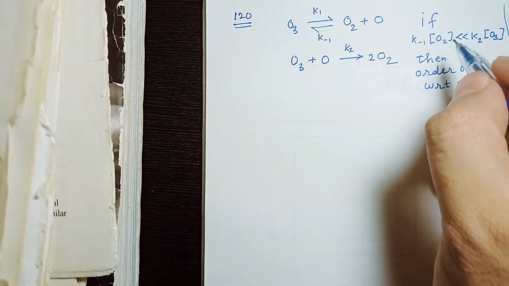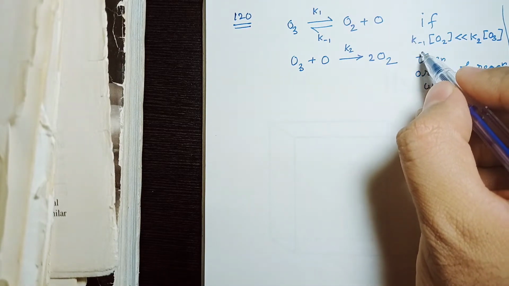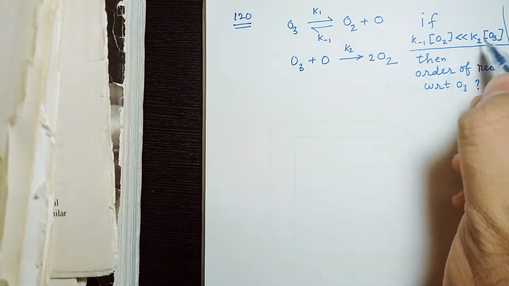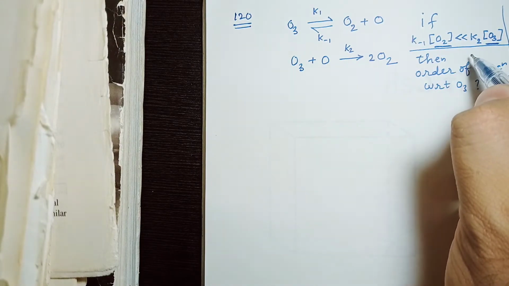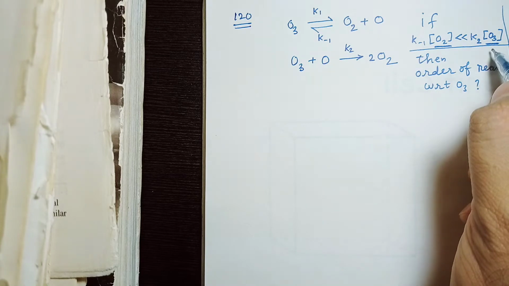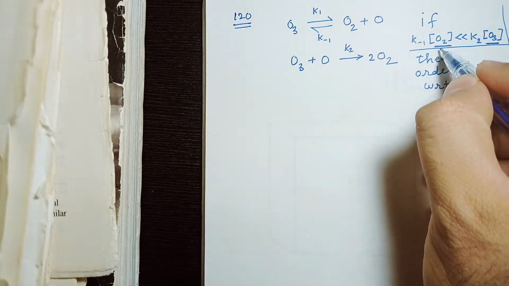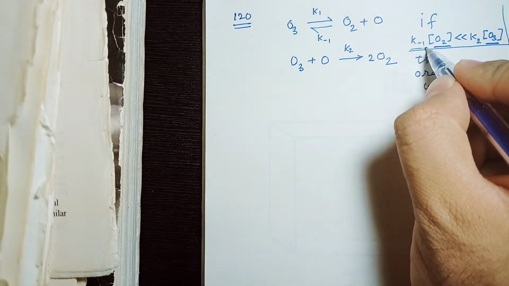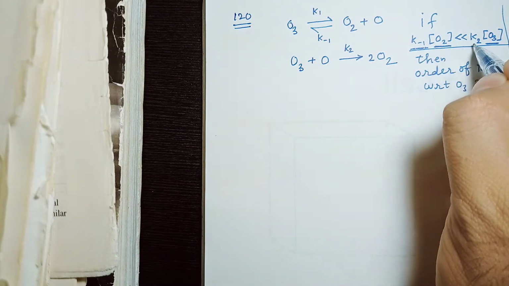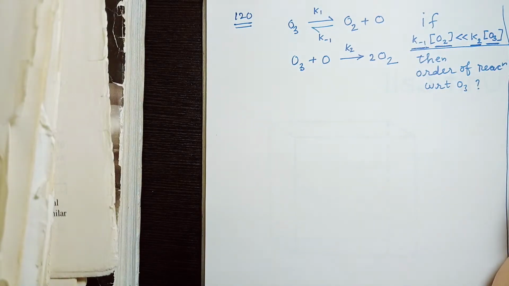So at the start of reaction, the concentration of O2 will be less than the concentration of O3 because O3 is the reactant. So we can safely say that according to this condition, the magnitude of K minus 1 is very less than the magnitude of K2.